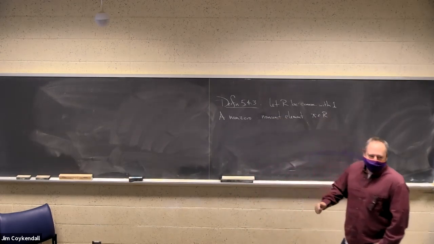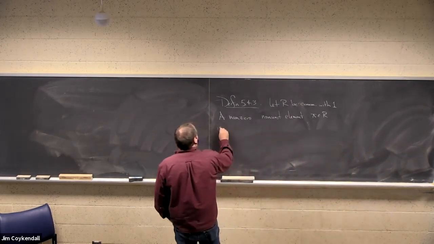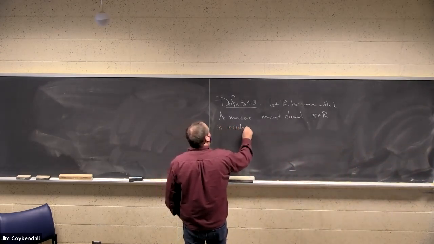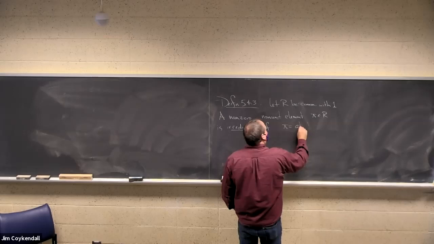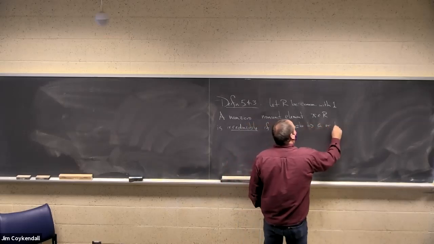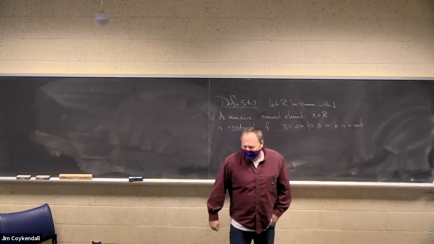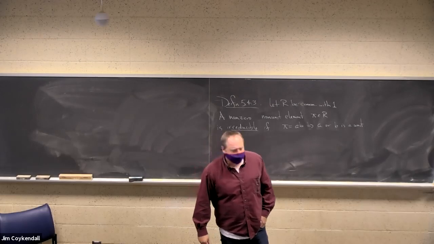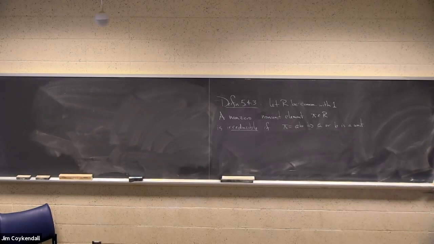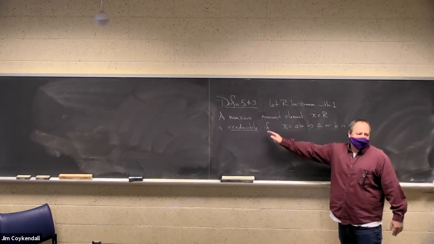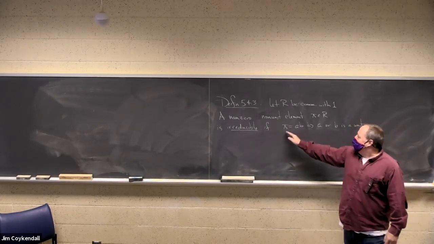So I want this element to be not zero, and I don't want it to be a unit either. Is irreducible. So what it needs to be irreducible, and actually you should think integral domains, because you can find generalizations of irreducibles, but think first of all in integral domains.